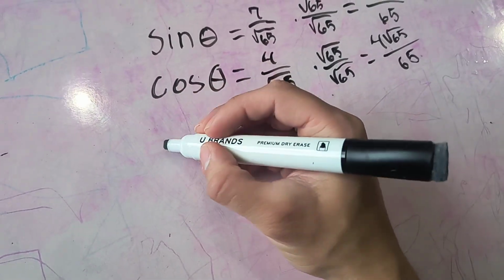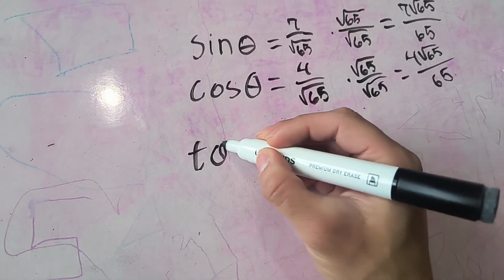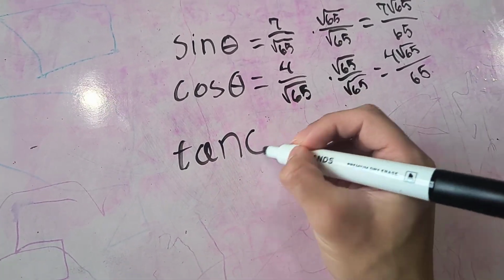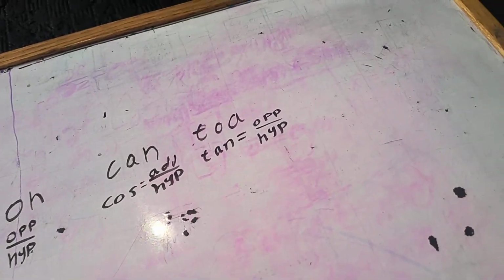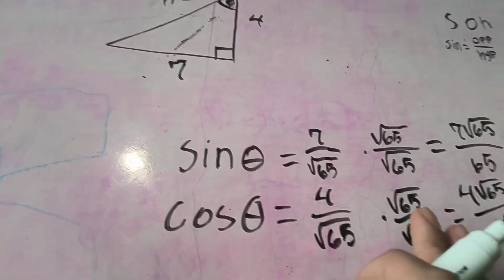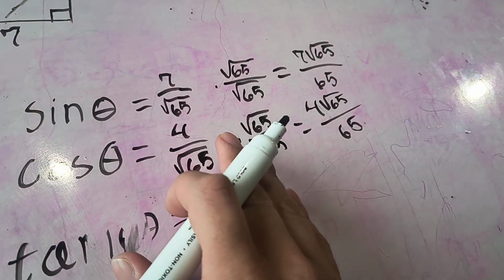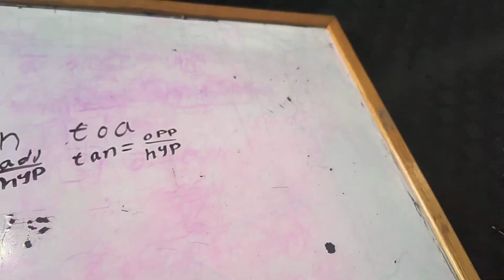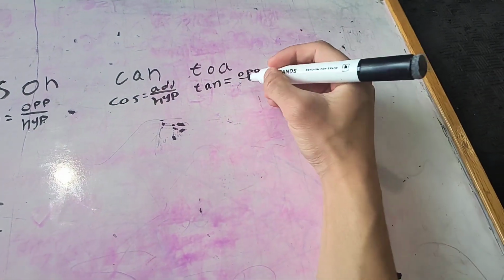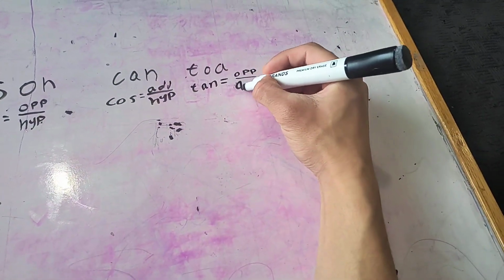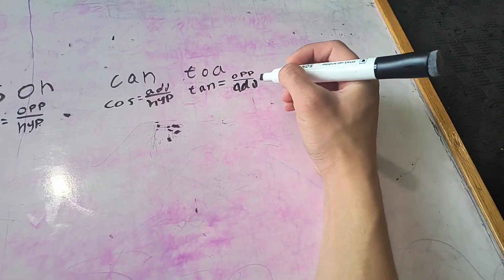And let's do tangent of this. Tangent of theta is equal to the opposite over the hypotenuse. No, wait. Sorry, I wrote that down wrong. It's opposite over adjacent. What am I doing? That's what the TOA stands for.